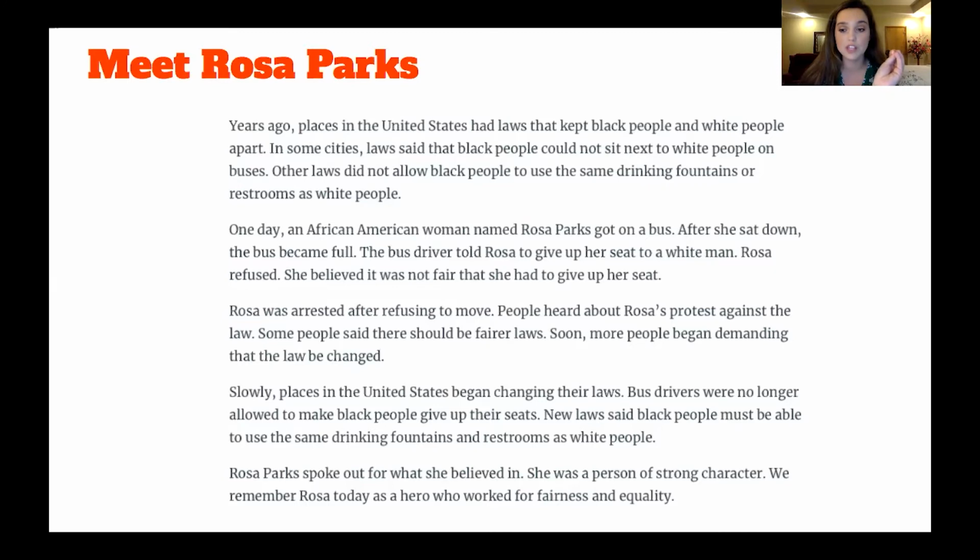I believe that goes with the topic sentence because in the first sentence, they're talking about laws, and in the second sentence, they're giving an example of a law. Other laws did not allow Black people to use the same drinking fountains or restrooms as white people. And again, that third sentence also goes along with it.